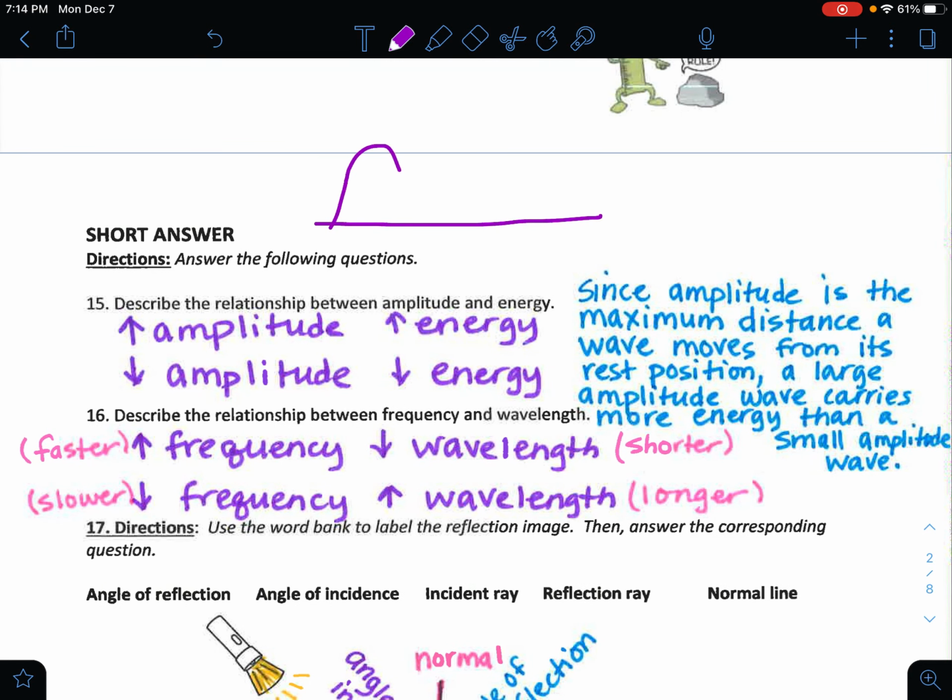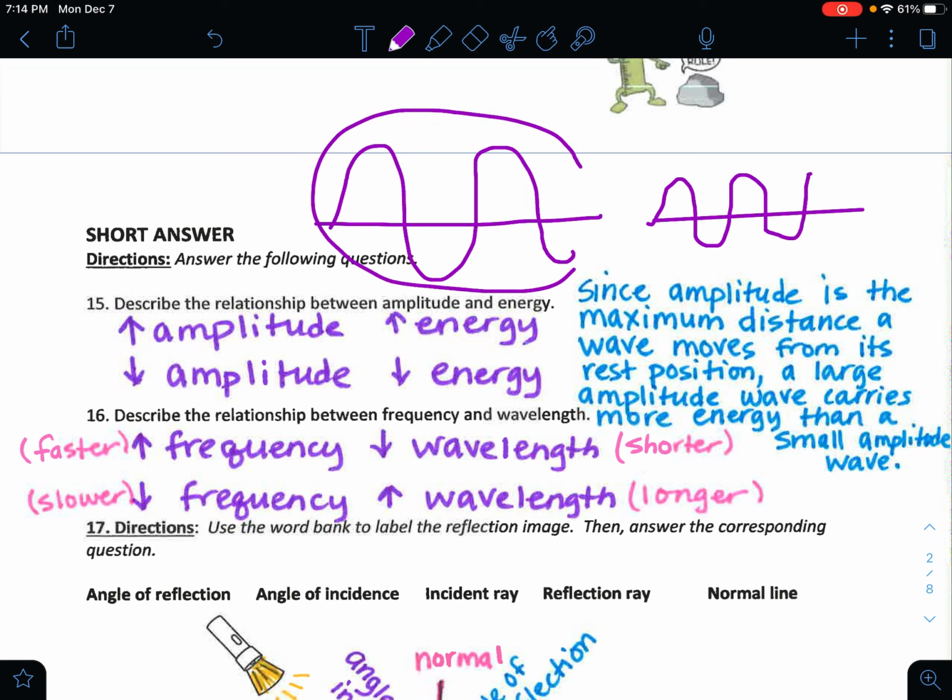So if we have our rest right here, and we have up and down and up and down, crest and trough there, and then we have a second wave here that we're comparing it to, okay? So we're going to be able to say that this wave here has a higher amplitude and has more energy because the amplitude is higher.